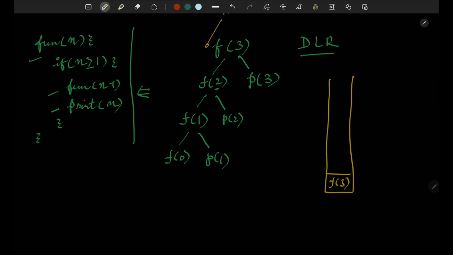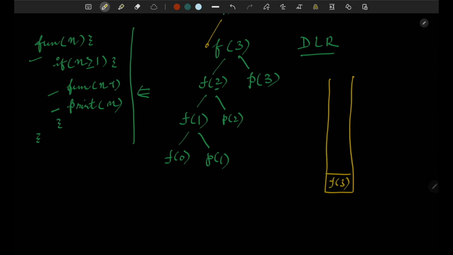Of course, this is not going to look like this in the actual implementation under the hood. Rather, there would be some sort of function pointer, some sort of guideline to the compiler, or whatever the underlying mechanism is, that your execution was done for this f of 3, and it got halted because you had to call recursively.